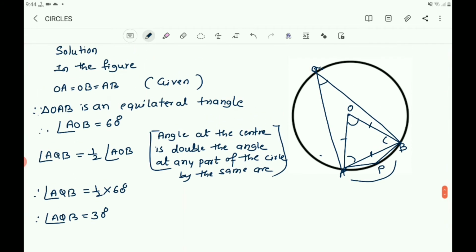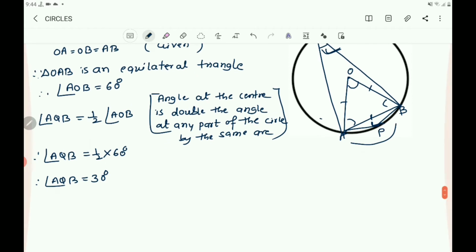Next you take here ABQP is a cyclic quadrilateral and these two are the opposite angles. Then, as it is 30 degree, it must be 180 minus 30 degree, that is 150 degree.